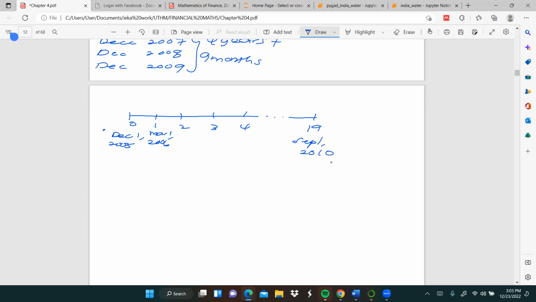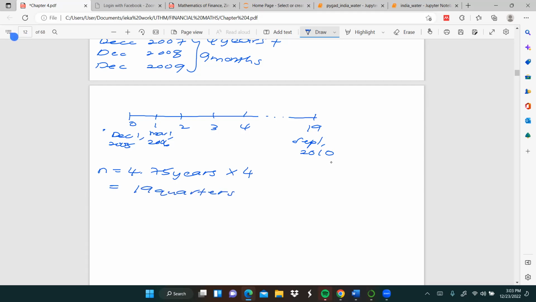So in total we have about 4.75 years. It is in quarters, every 3 months, so we need to times 4, then we have 19 quarters.